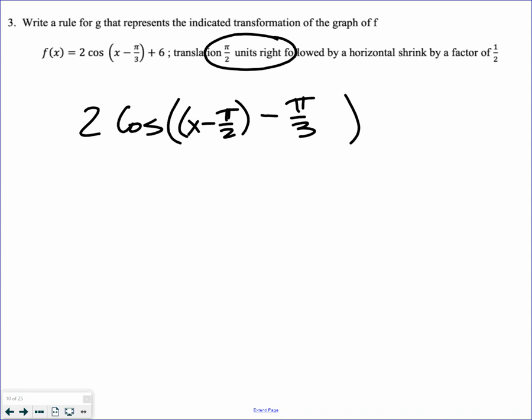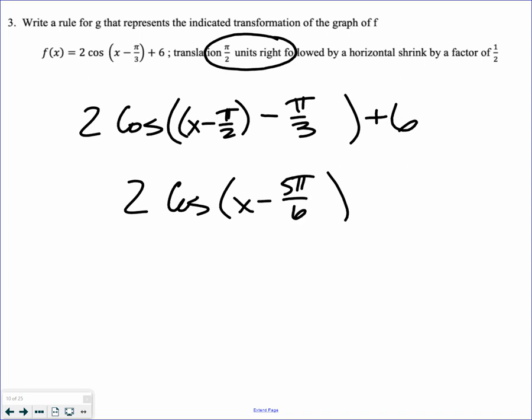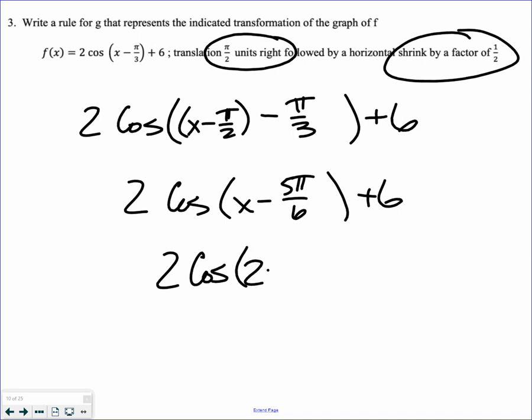And so then just the stuff that's inside the parenthesis, I would get cosine negative pi over 2 minus pi over 3. Common denominator would be 6. So that would be negative 5/6. So that is just the translation to the right. Horizontal shrink by a half. You're going to replace x with 2x.